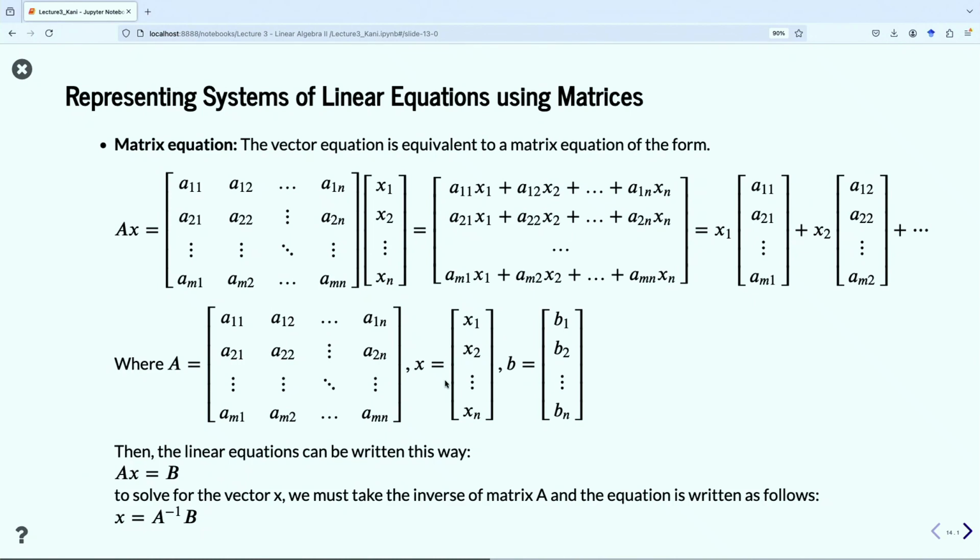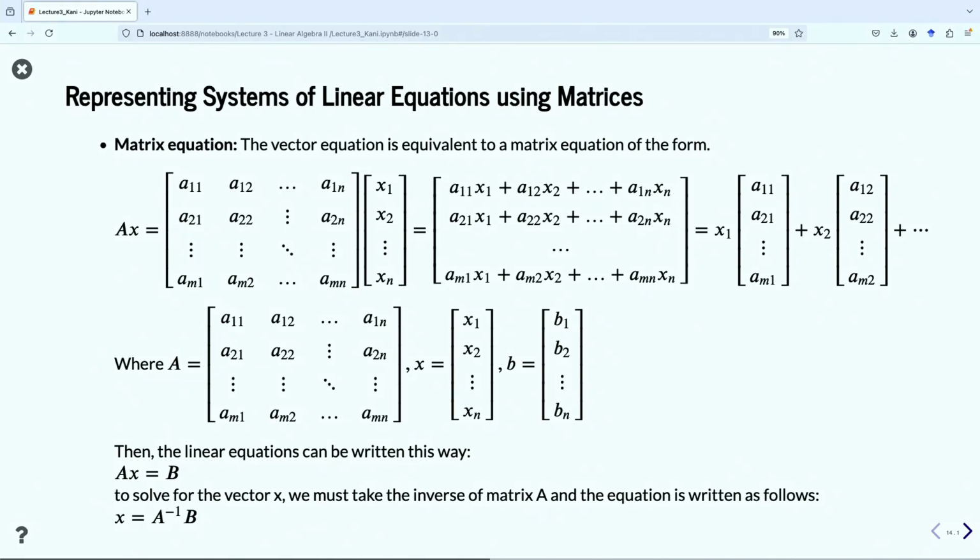Writing things this way allows us to solve for x by simply taking the inverse of A and multiplying it by b. We know all the values of A. We know all the values of b. So as long as A is invertible, then we can multiply it by b and get a solution for all the variables x0 through xn minus 1, or x1 through xn.